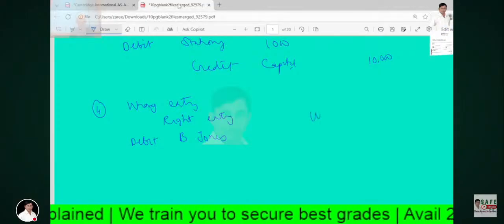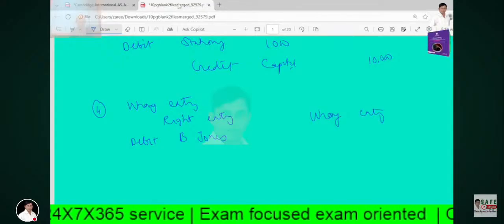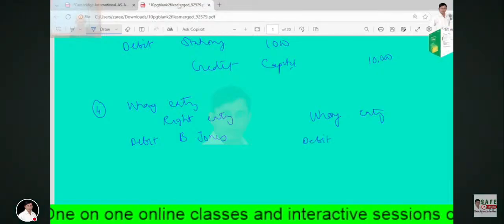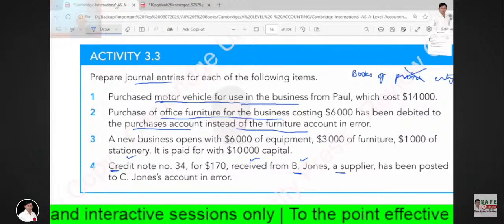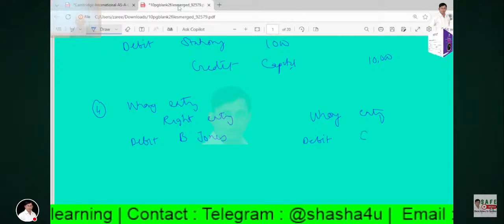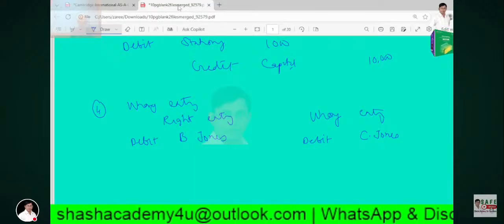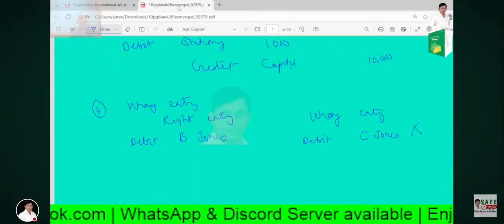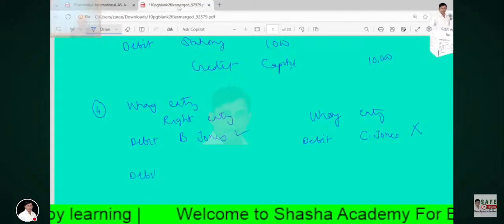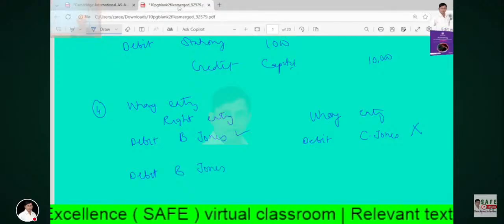So what is the wrong entry? What you have done is, instead of debiting B. Jones, you have debited C. Jones. So how do you rectify this? Obviously you have to cancel this and bring this. You have to debit B. Jones, so the entry has come in.